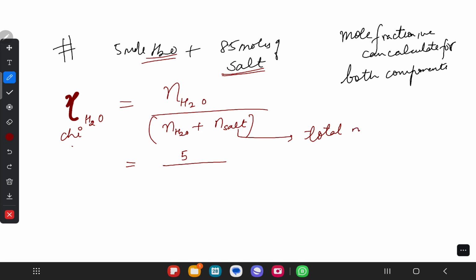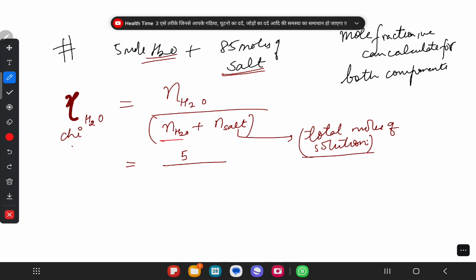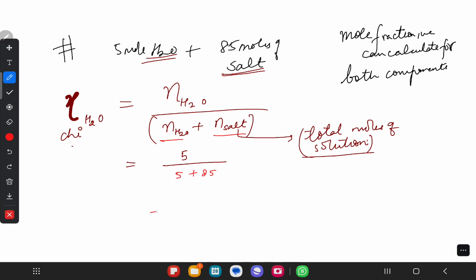Total moles of solution. But who is making the total moles of solution? The solute as well as the solvent. So we have 5 plus 85. So we have 5 over 90. So basically 1 over 18 is the chi of water.